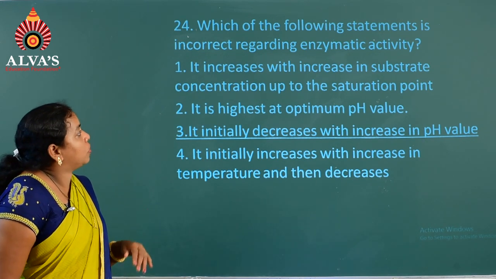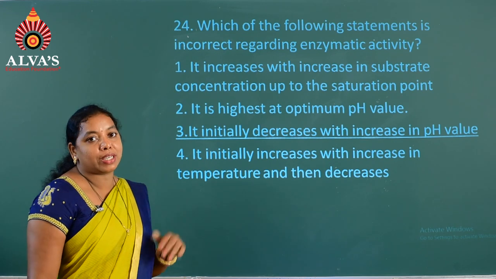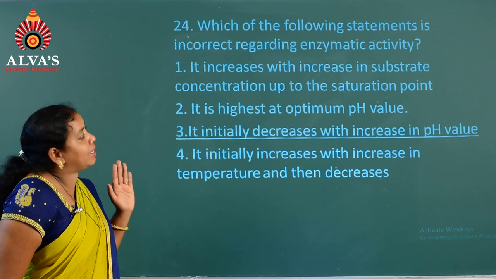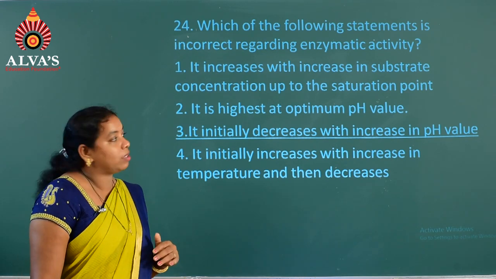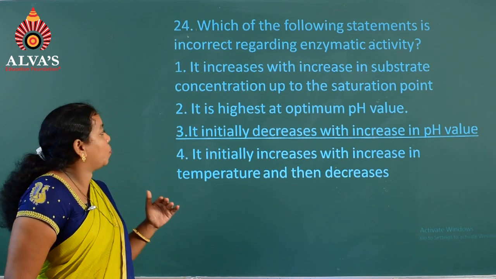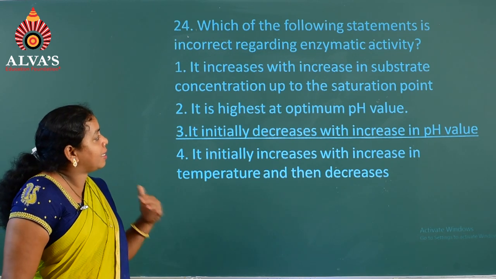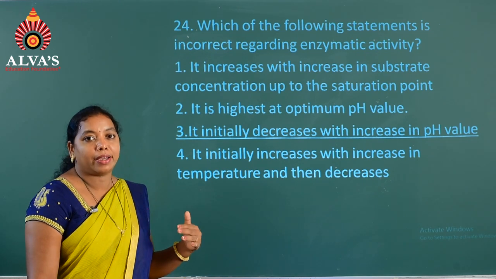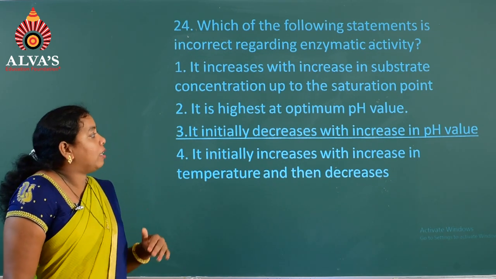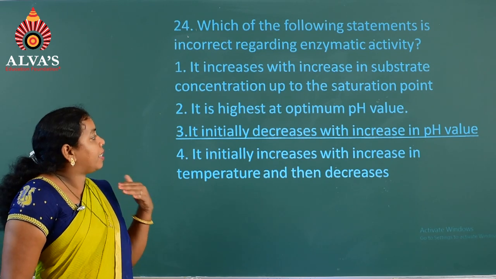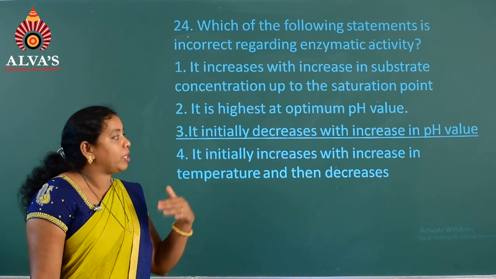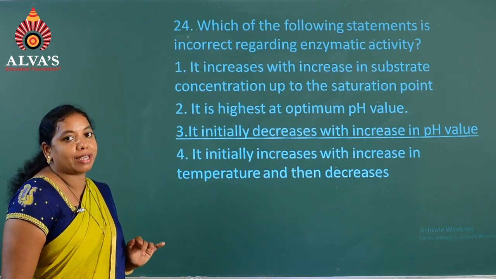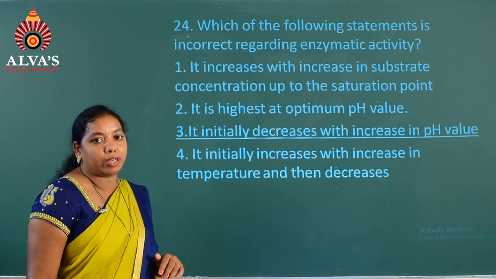The question is to identify the incorrect statement. The first option, it increases with increasing substrate up to a certain level, is true. The second, it is highest at the optimum pH value, is also true, as enzyme activity will be very high at the optimum pH value. And the third one, it initially increases with increased pH value, is wrong actually. That is why the third option is the right answer for question number 24.